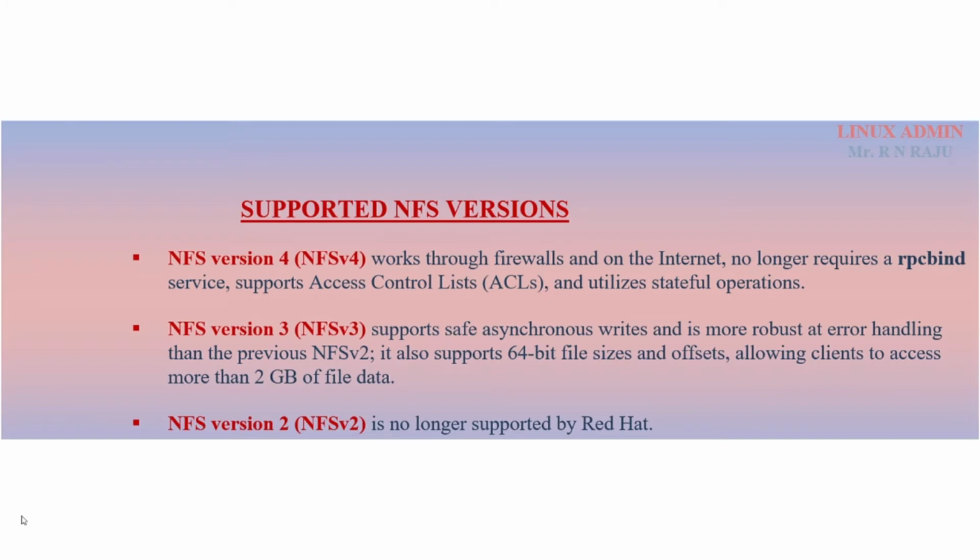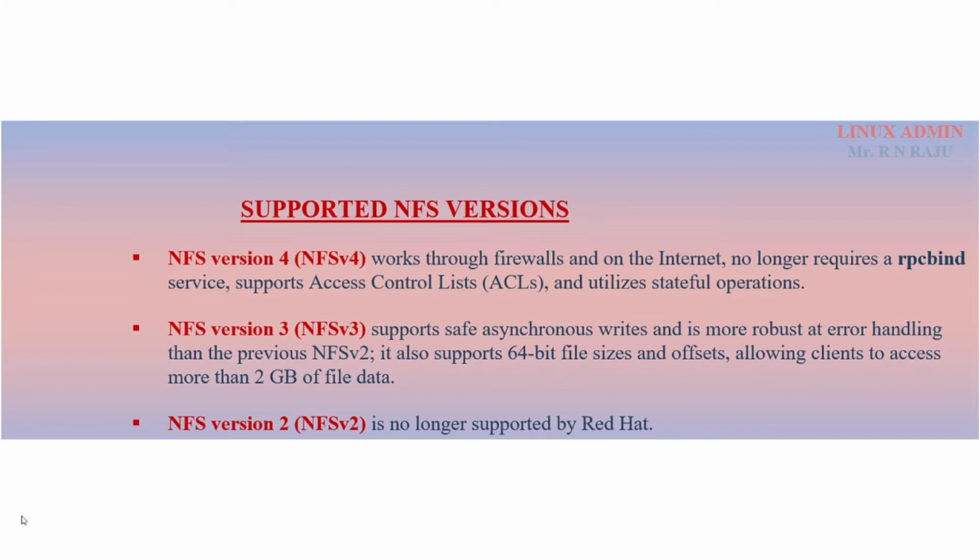But in the latest edition, after Red Hat 6, the NFS implementation is NFS version 4. So now NFS version 4 is the latest. It works through firewalls and on the internet. It no longer requires the RPC bind service. It supports access control lists and utilizes stateful operations.